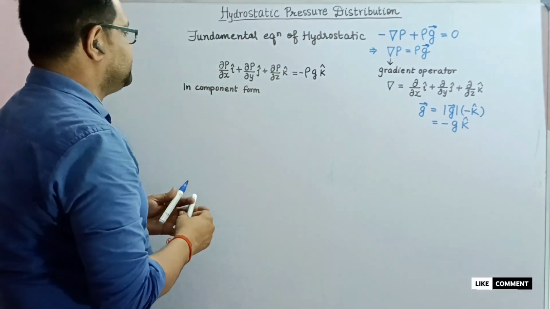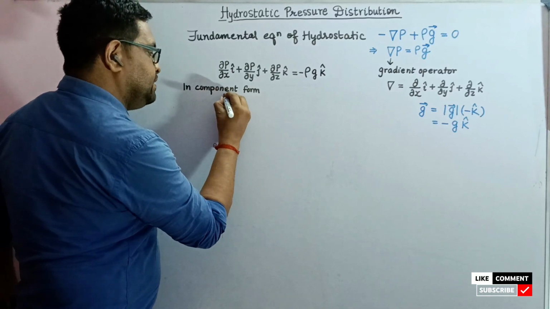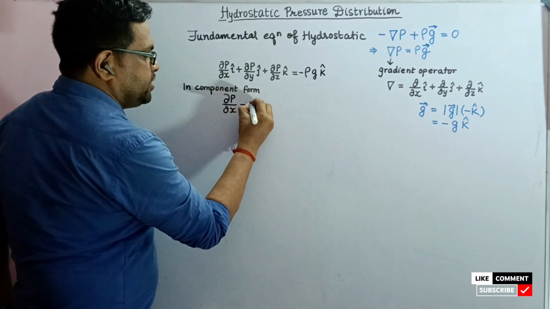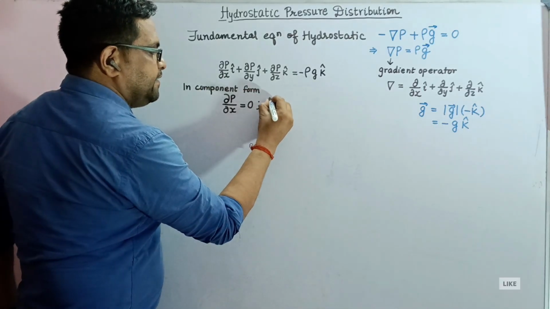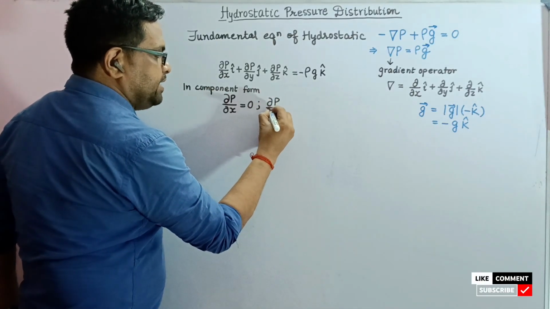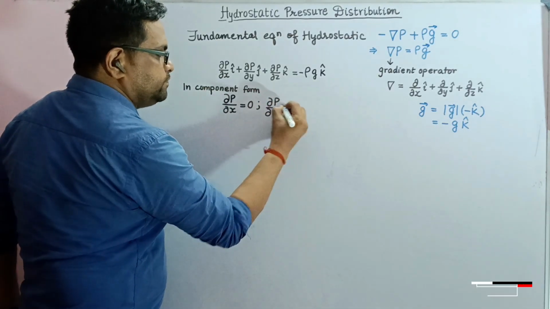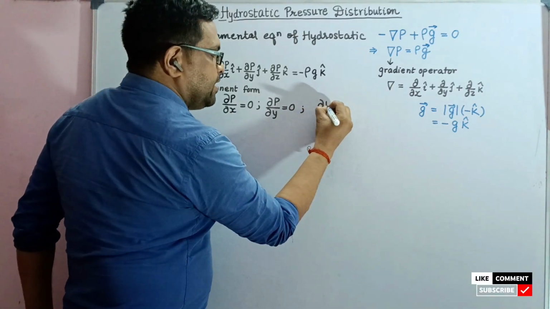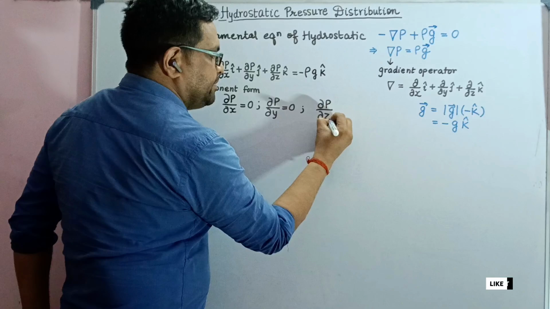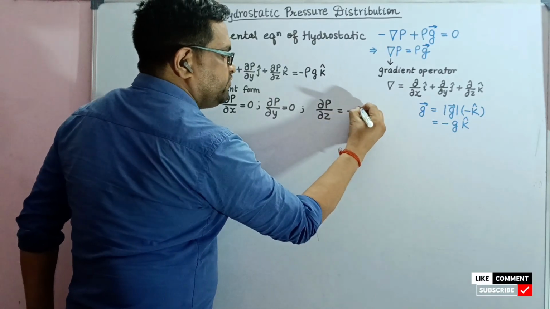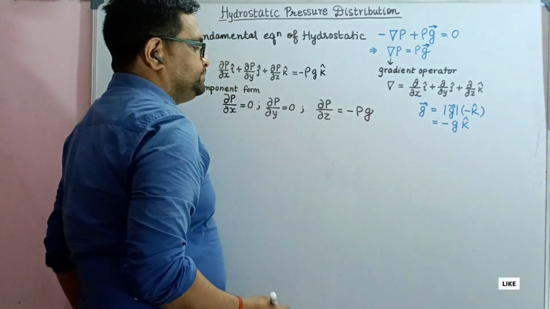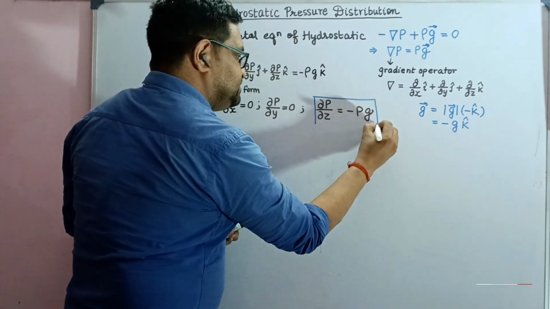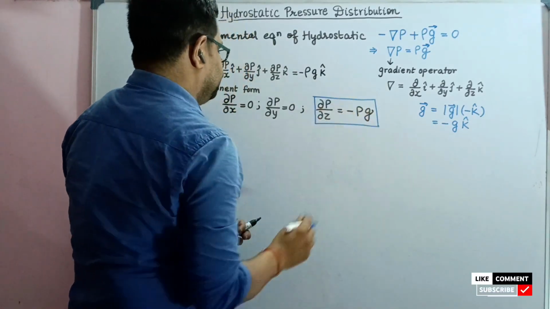So which implies that del p upon del x is equal to 0, and del p upon del y is also equal to 0, and third, del p upon del z is equal to minus rho g.